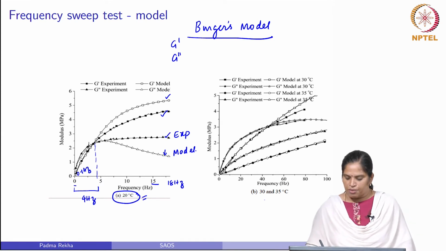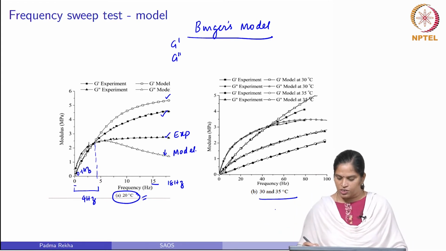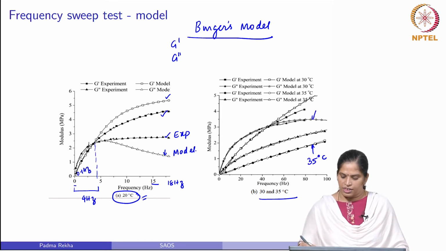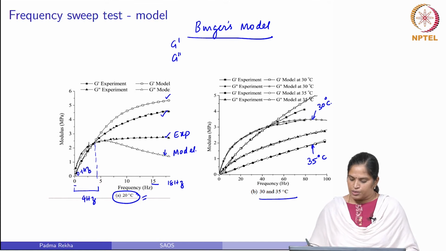But when you see the same model prediction at higher temperatures, 30 and 35 degrees Celsius, this data corresponds to 35 degrees Celsius and this data corresponds to 30 degrees Celsius. At 35 degrees Celsius, the Burgers model could predict the experimental data very well even up to 100 hertz.